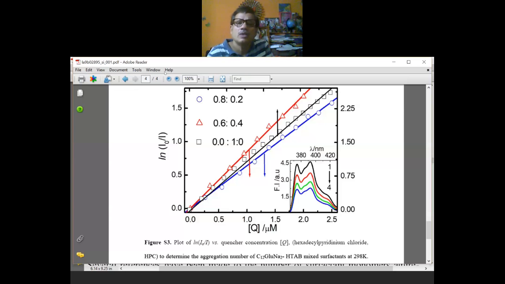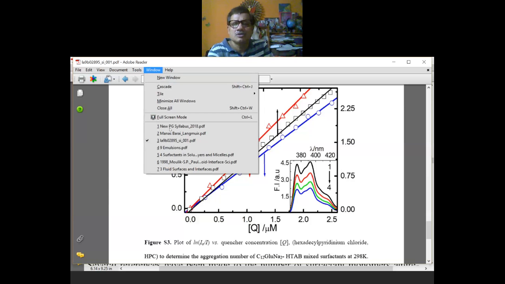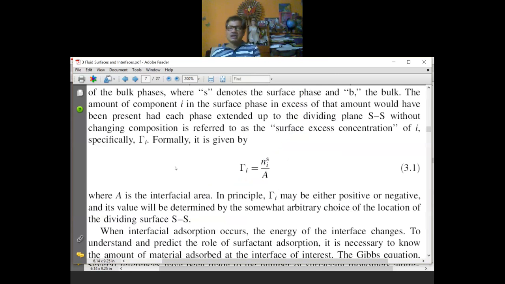You see, when we take the surfactant molecules, they are basically getting adsorbed at the air-water interface. Let me again quickly go to that classical picture where I have surfactant in the form of monomer in water.